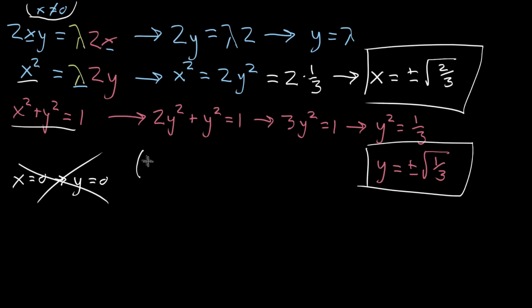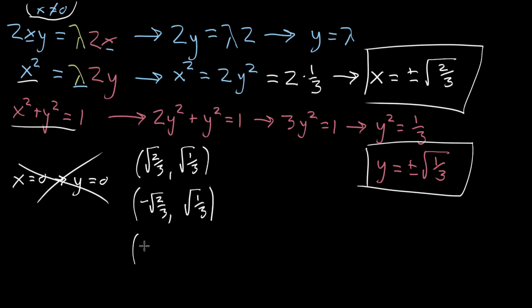So x could be the positive square root of 2/3, and y could be the positive square root of 1/3. And then we can basically just toggle. Maybe x is the negative square root of 2/3, and y is still the positive square root of 1/3.